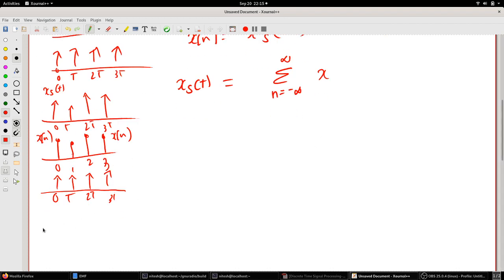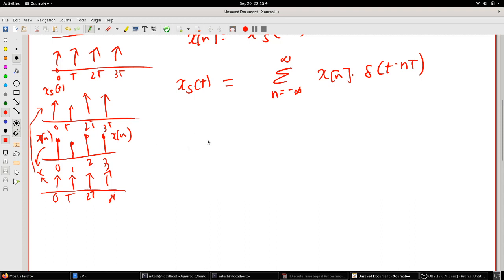So when you multiply this function with this function, the product will be same as this guy here. So x of n into delta of t minus nt. This is what you have, xs of t, n varying from minus infinity to infinity.